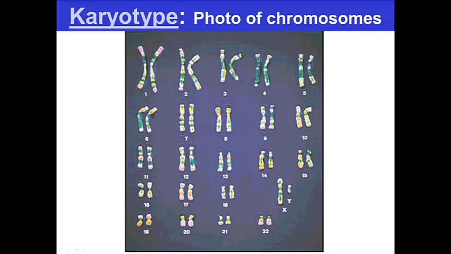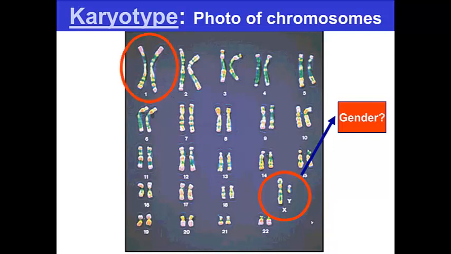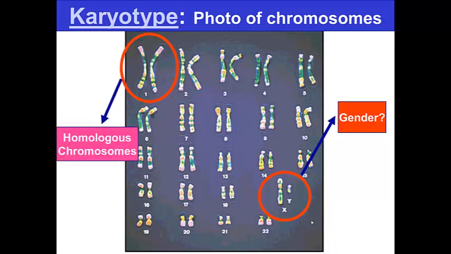Again, they contain the 22 autosomes and the sex chromosomes. They're colored because they've been stained to look at different areas of the DNA. The gender of this guy is XY, so he's a male. The 2 chromosomes that are paired together, you'll notice that the bands aren't exactly identical. So they're homologous chromosomes.